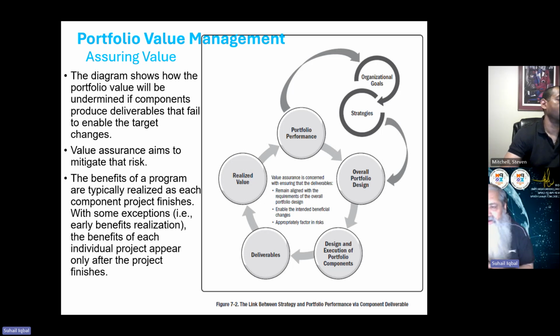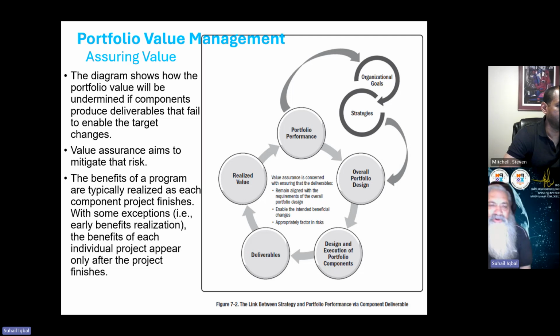No value will be generated. Strategy will not be accomplished. The organizational mission will not be achieved. So value assurance aims to mitigate that risk. We don't want any project or program to fall into that trap and fail to deliver what they were supposed to deliver.